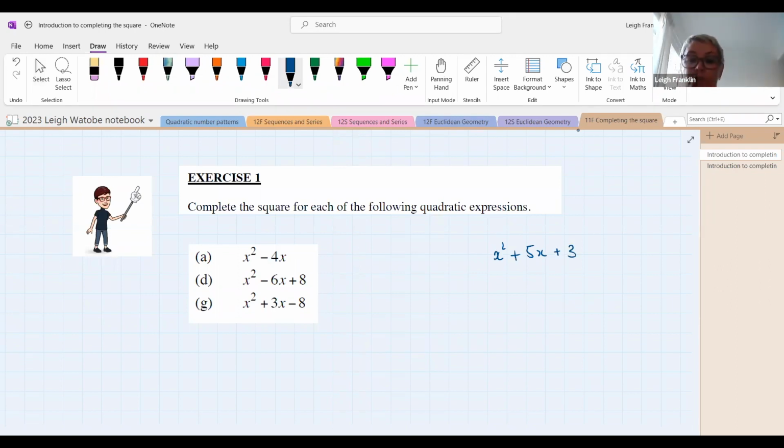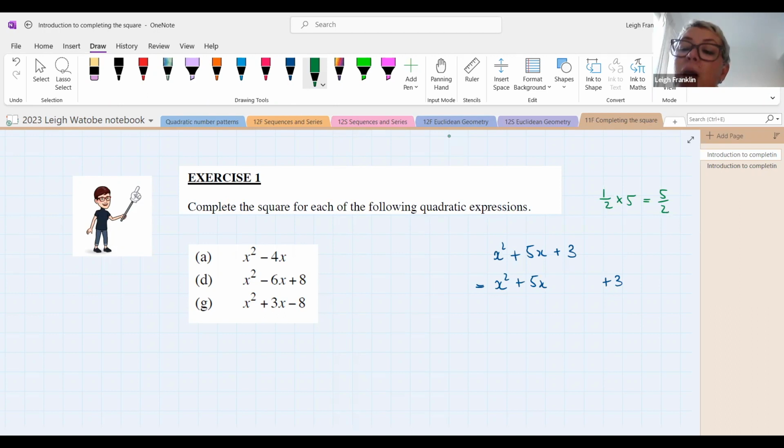Okay. So we have to take half of b. B is the coefficient of x. So what I'm going to do with my expression is leave the x squared and the 5x together. I'm going to leave a space, and then I'm going to put my +3 at the end. Now, what I was doing is working out what half of 5 is. Half of 5 is 5/2.